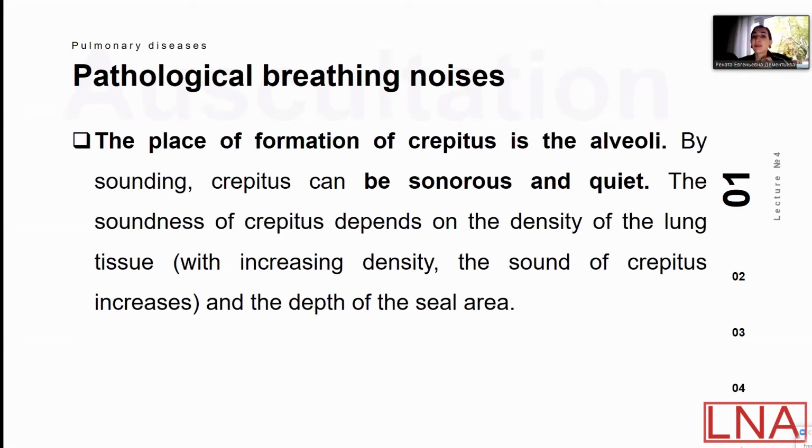The place of formation of crepitus is the alveoli, and crepitus can be sonorous or quiet, and its sonority depends on the density of the lung tissue. With increasing density, the sound of crepitus increases, in the depth of the seal areas. So the place of formation is the alveoli, and the main point is fluid inside the cavity of the alveoli, but with a large amount of fibrin.